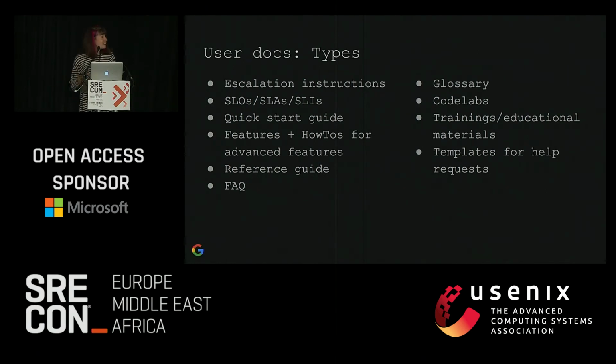Now, you're not going to need every single type of documentation listed here to support your users well, so choose what's relevant from this toolbox for your product or service.